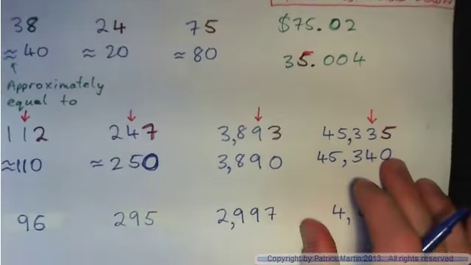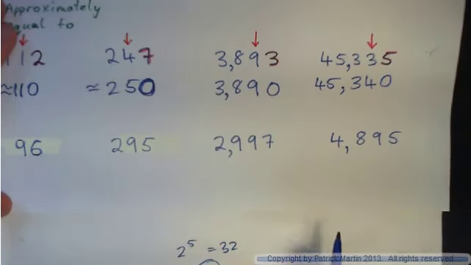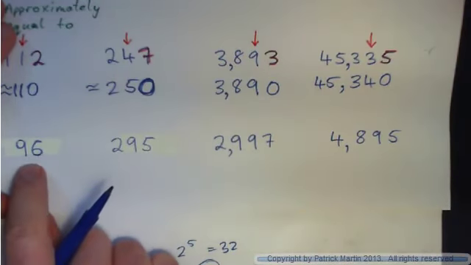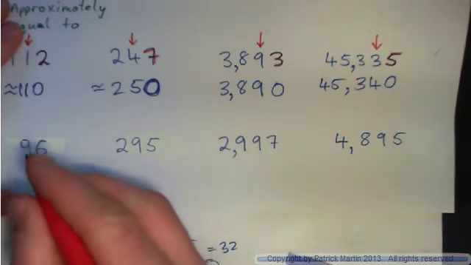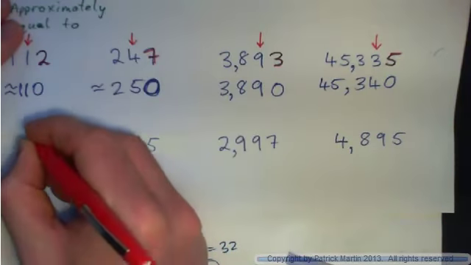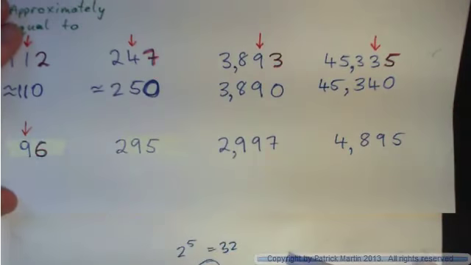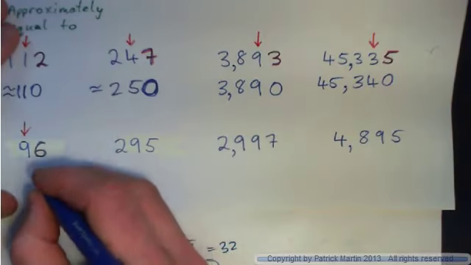Okay. If you had 96, what would you do? Round 96 to the nearest 10. Write down the answer. It has a 6 in the unit spot and a 9 in the 10 spot. Do we round up or round down? 6 in the unit spot, we round up, right?